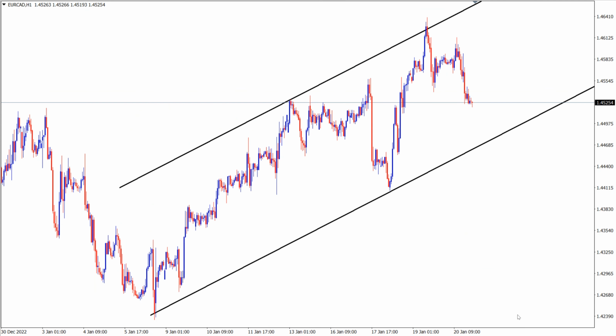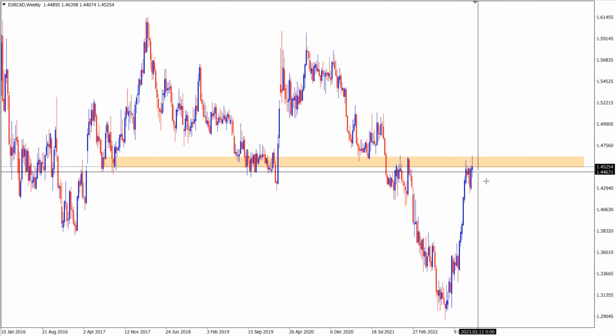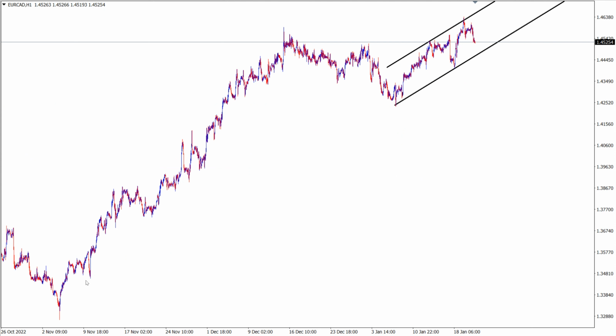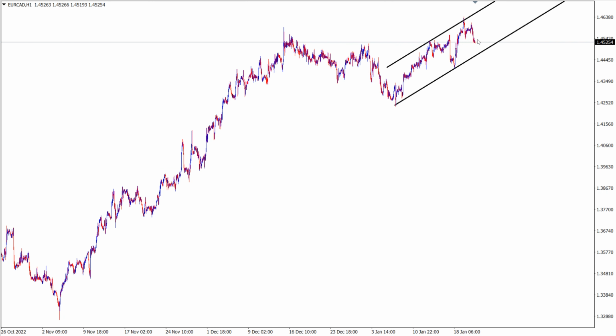So Euro Canadian dollar is moving in an ascending channel in the lower time frame 1 hour chart. If it breaks the low, you can sell, because it is standing at the major resistance area. It's a good sell opportunity for Euro Canadian dollar, because it went up very sharply and didn't make much retracement. So we can expect a retracement.